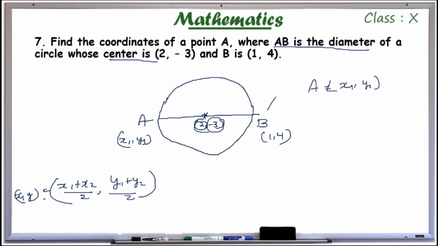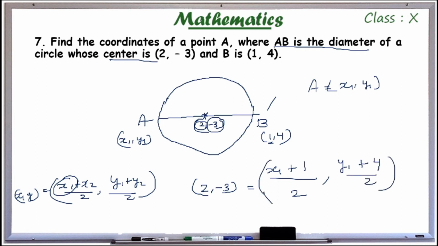I have to find x1 and y1. So simply substitute. Here (x, y) is equal to (2, minus 3), which is equal to (x1 plus x2) by 2, (y1 plus y2) by 2. We don't know x1, we have to find it. x2 here is 1. So (x1 plus 1) by 2 comma (y1 plus 4) by 2. So (x1 plus 1) by 2 is equal to 2 and (y1 plus 4) by 2 is equal to minus 3.